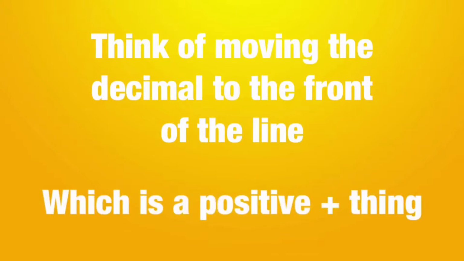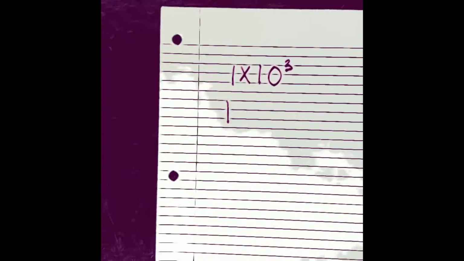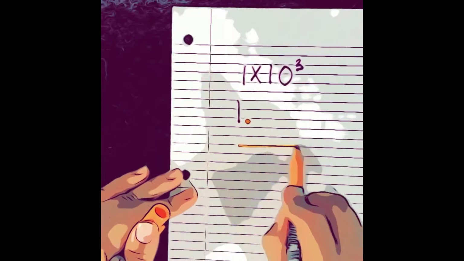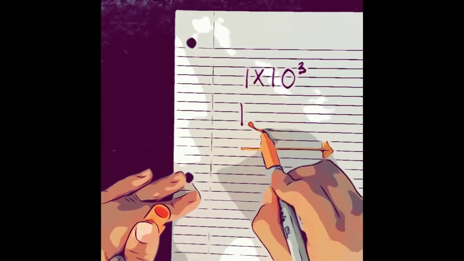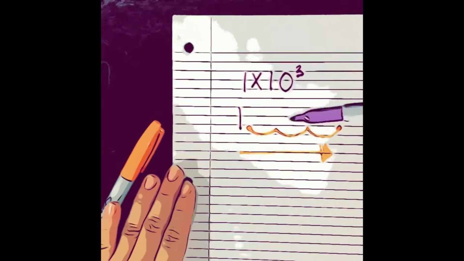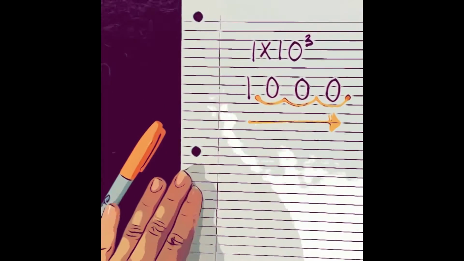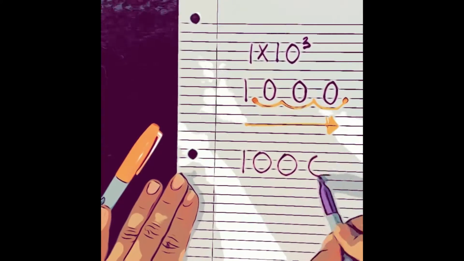Think of moving the decimal point to the front of the line, which is a positive thing. Fill in the spaces with zeros and put your number together. Now we have our number in regular form.